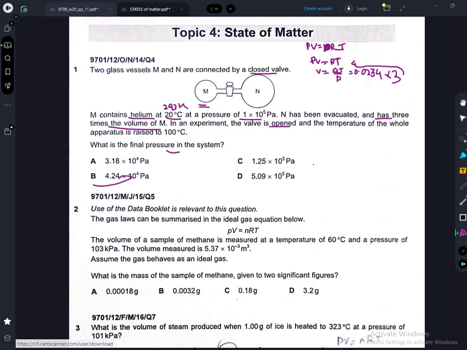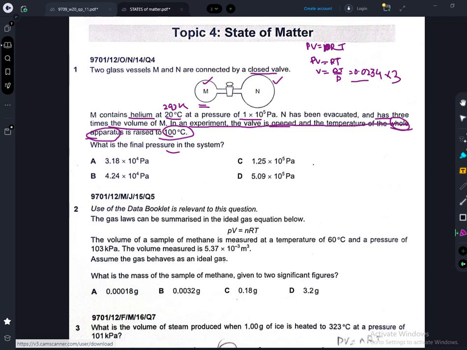But it is wrong. Why is it wrong? Because you must not have noticed one thing. He has asked us, in the experiment the valve is opened and the temperature of the whole apparatus is raised to 100 degrees C. This means it is like one volume here and three volumes here, and they are both combined.